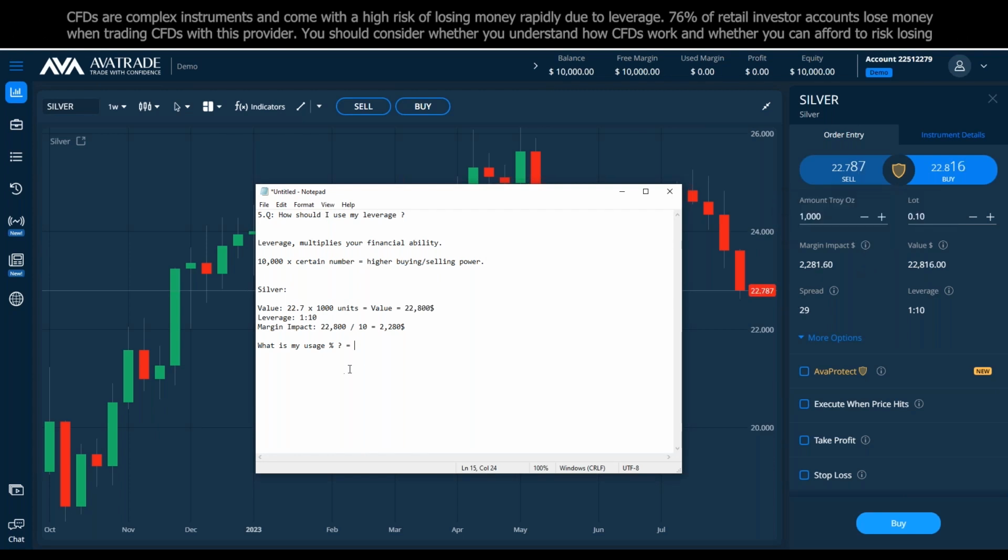Right now, this position alone, let's suppose I have no other positions, is 22% of my margin. Is that a good thing to do or not? This is not the exposure that I can lose. Let's clarify something: this is the usage for the position. Does this make sense? Does everybody understand that?